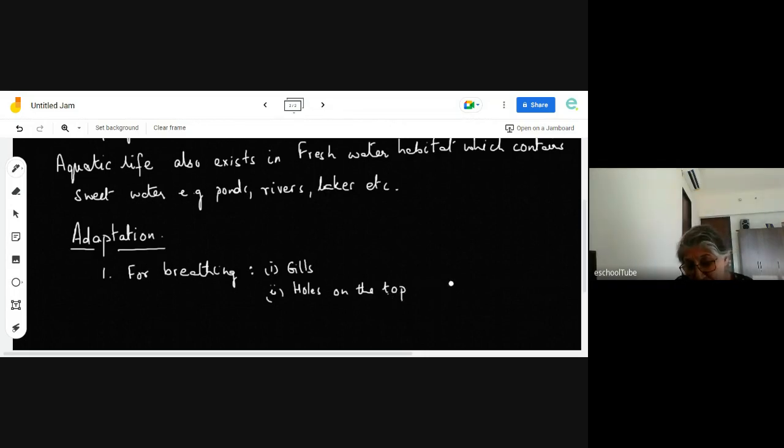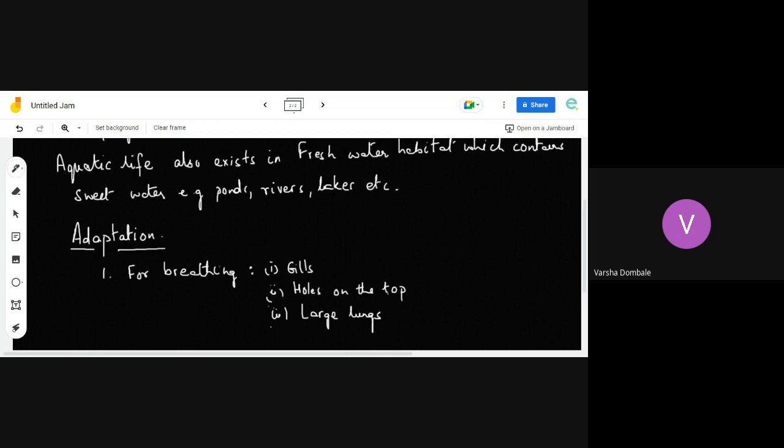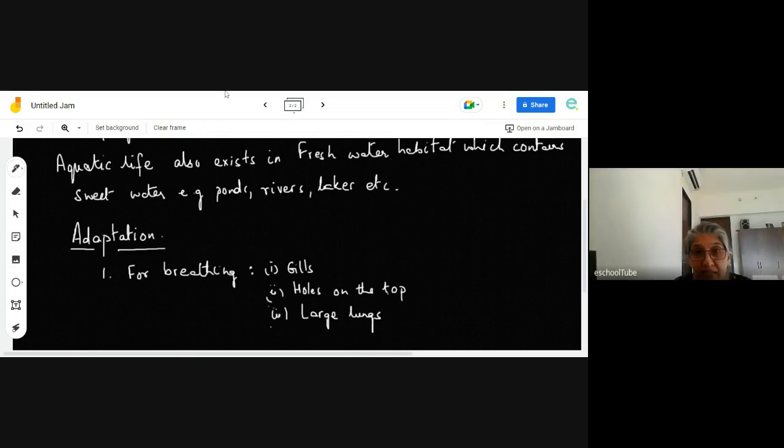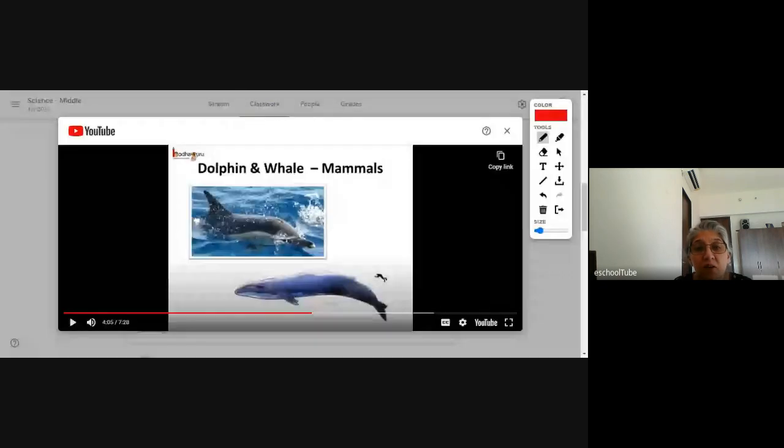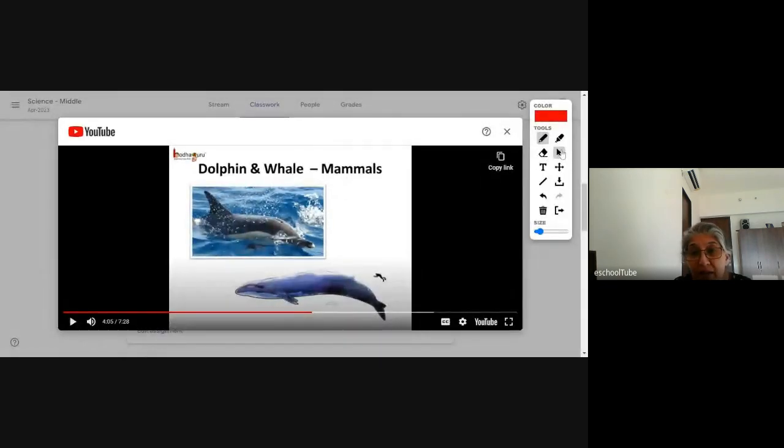And third thing, they have large lungs. Yes, ma'am, very big so that they can keep the air inside, store air inside the lungs. Yes. Okay. So now let's go ahead.